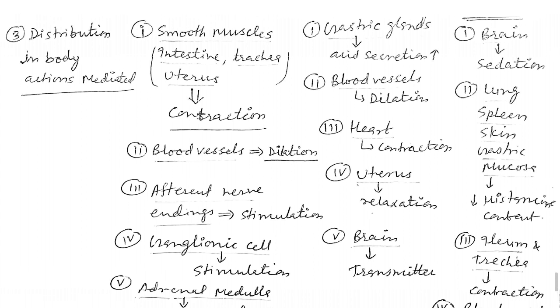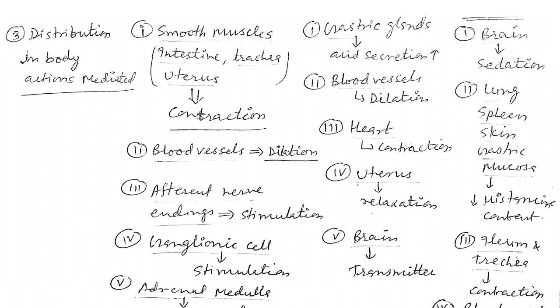So finally, dear students, I want to conclude: abundantly, H1 receptors are present in the smooth muscles. H2 receptors are present in the gastric glands, or you can say in the stomach, and they are responsible for secretion of gastric juice. And H3 receptors are present mainly in the brain.